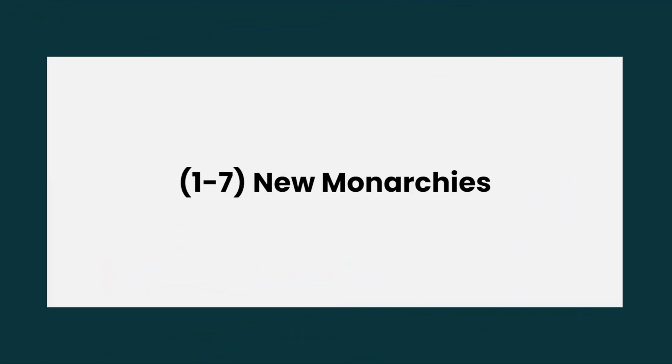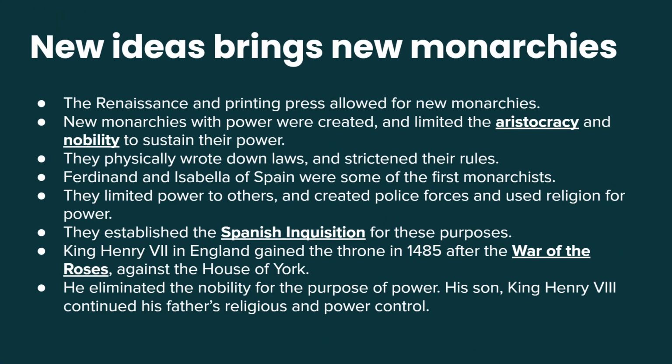So then there are also new monarchies at this time. New ideas bring new monarchies. The Renaissance and printing press allowed for new monarchies, and there were political ideas that wanted to limit the aristocracy and nobility, which were basically the rich high classes.